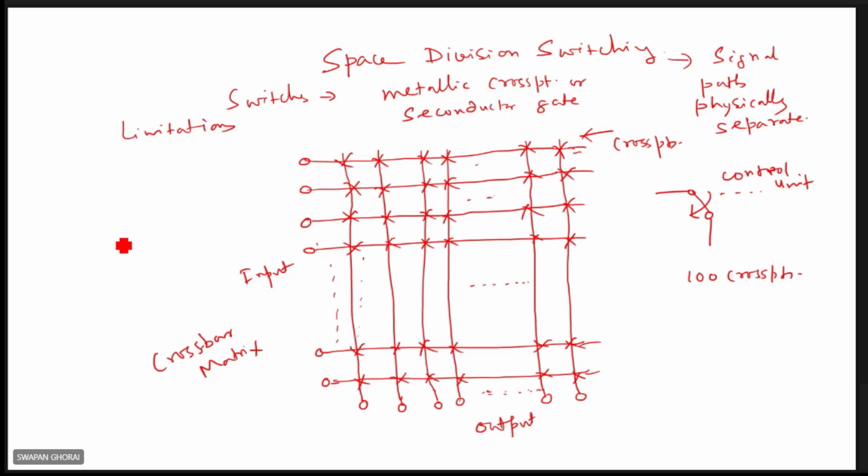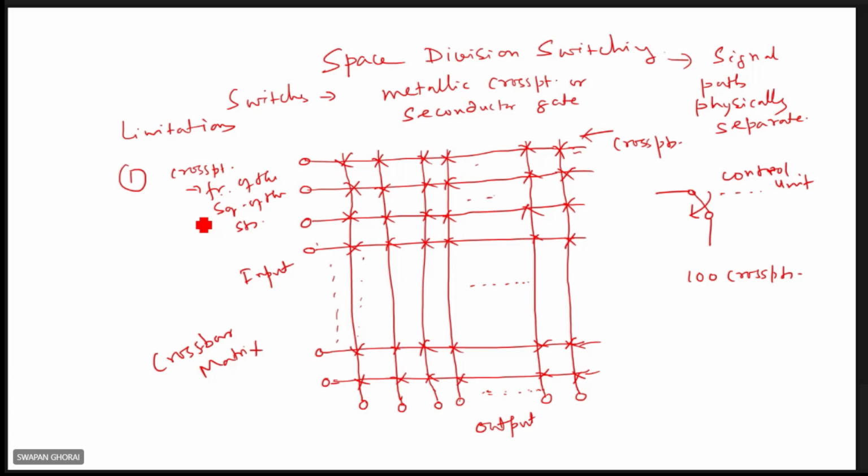Number one, the cross points increase with the square of the number of stations.